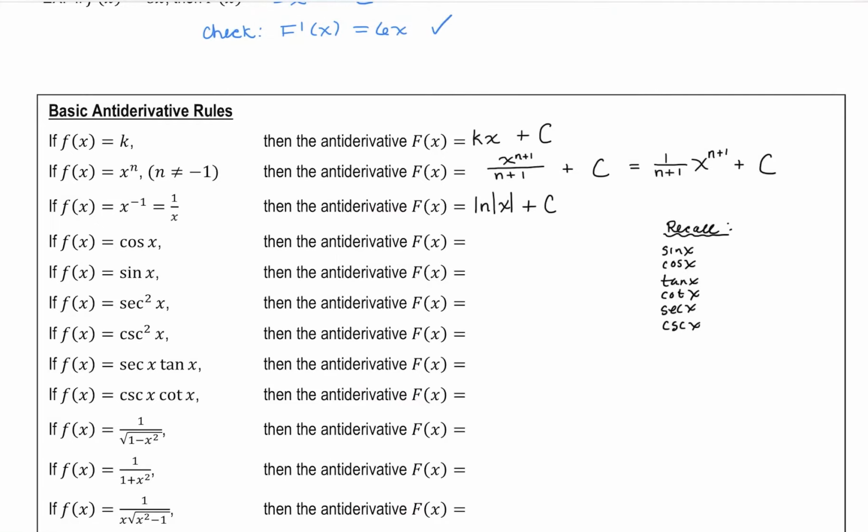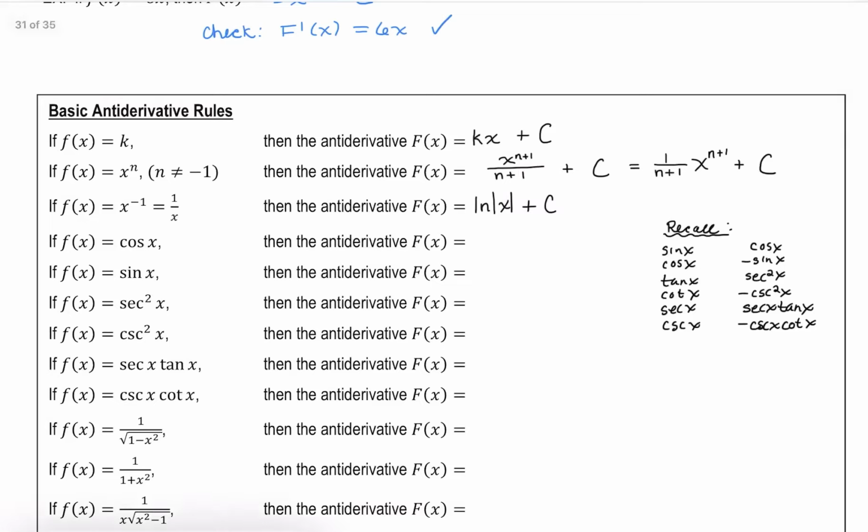You know that their derivatives are cosine, and the opposite of sine, secant squared, the opposite of cosecant squared, secant tangent, and minus cosecant x cotangent x.